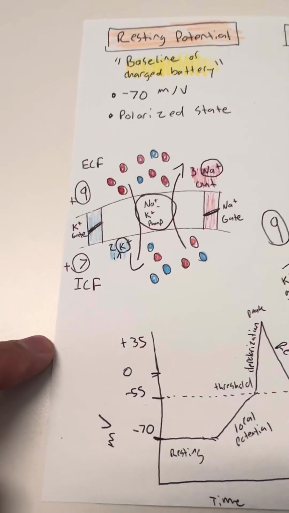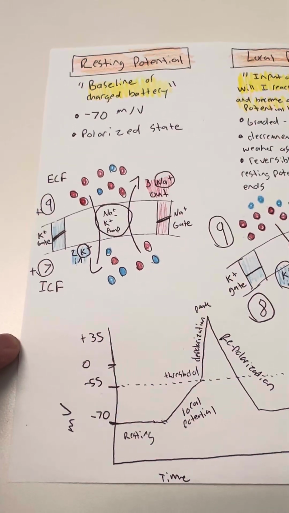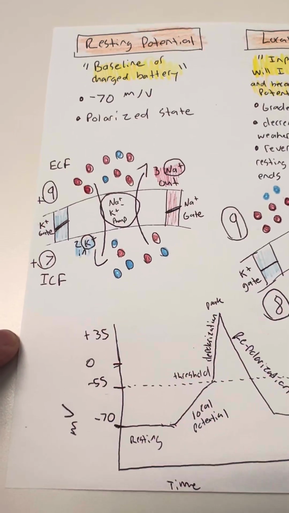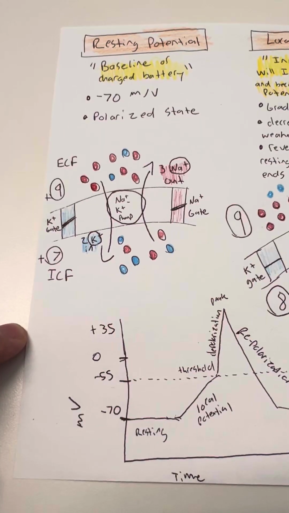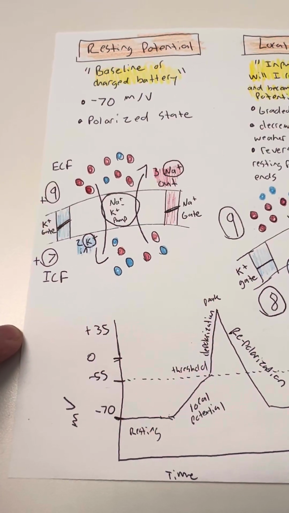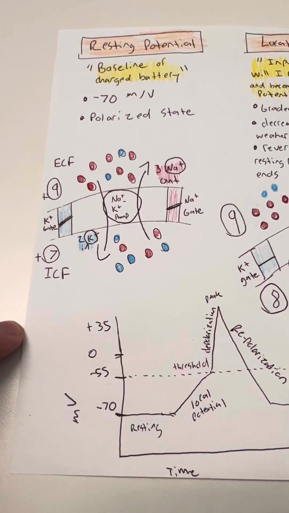So in terms of how we get to the negative 70 millivolts, it's important to understand, as we covered in class, that there's a sodium-potassium pump, and that's an active method of transportation where ions are moving in and out of the neuron cell.